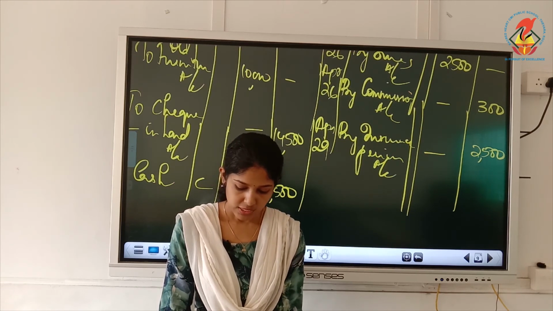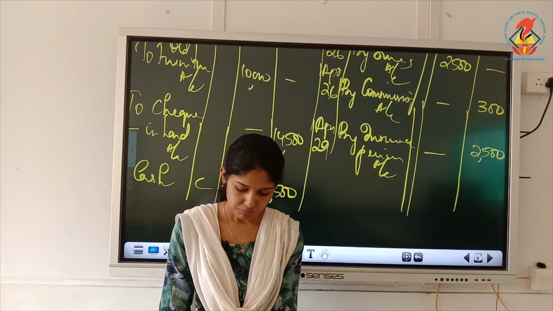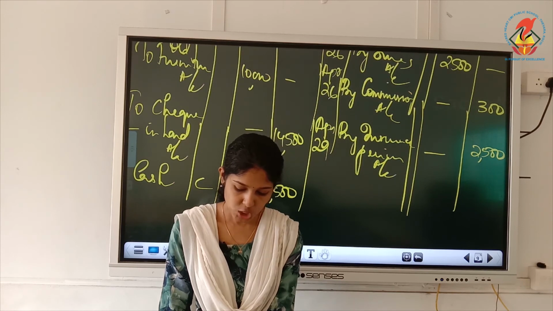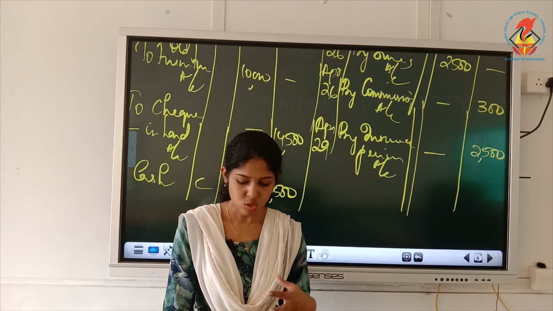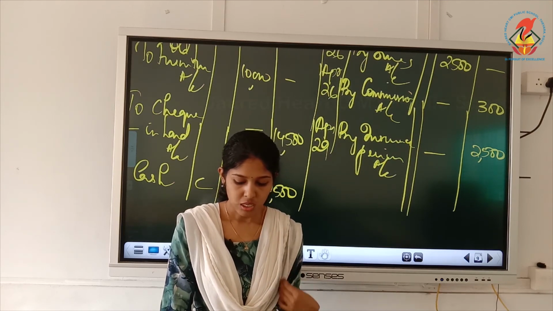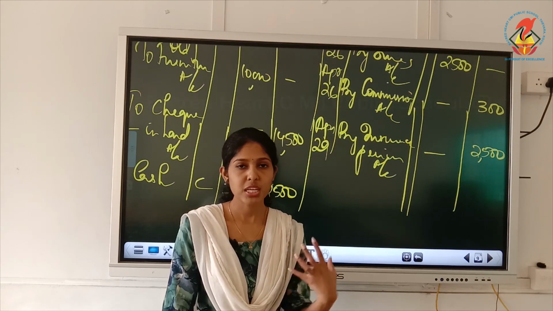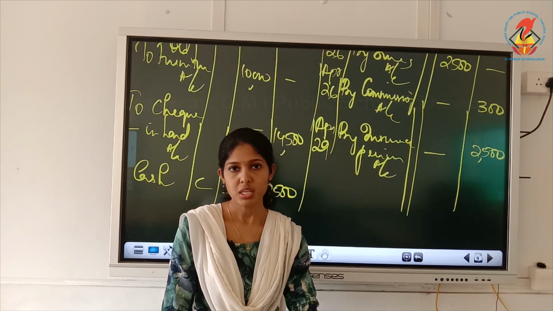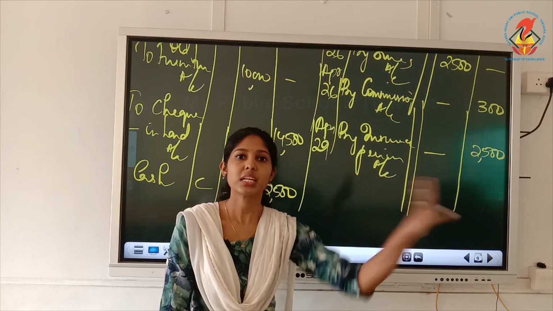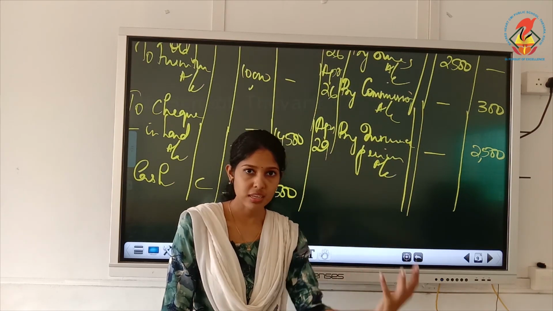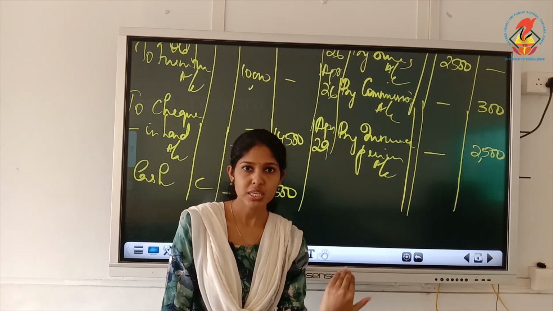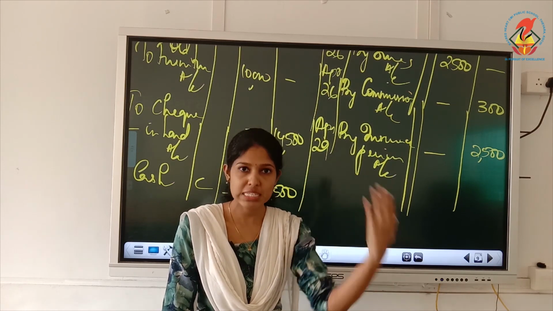April 30th, Nigam paid into bank directly, intimation received on the same day. That means you have deposited a check which was received from Nigam, or Nigam was your customer. He has paid the amount directly into your bank. So, what is coming into the business? The bank account is increasing, so the bank account should be debited.